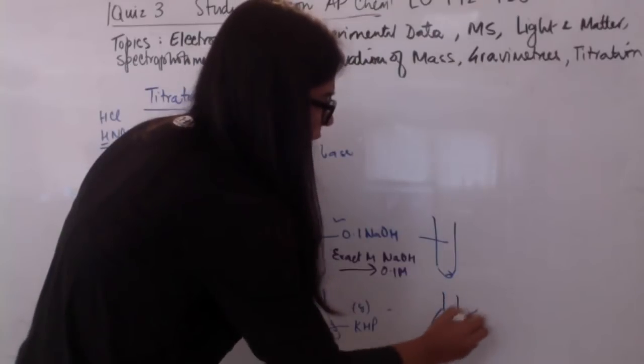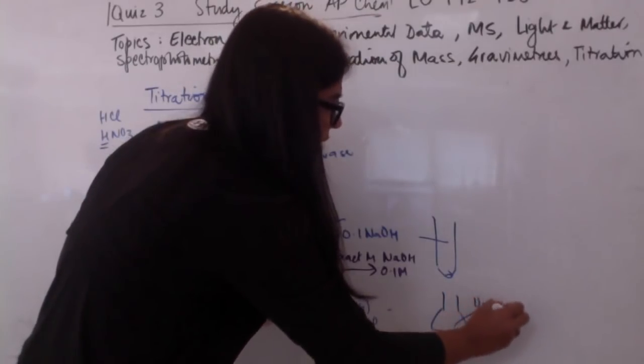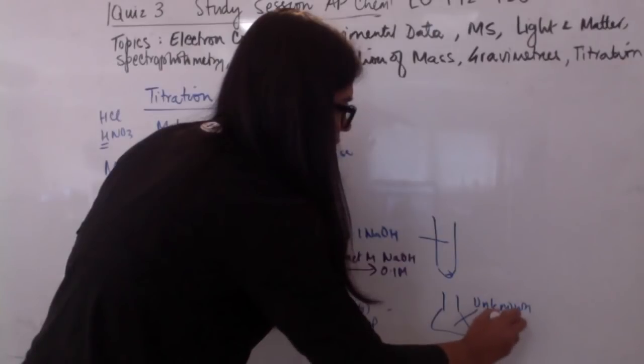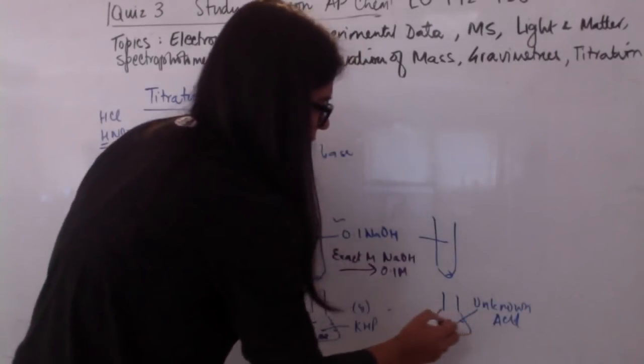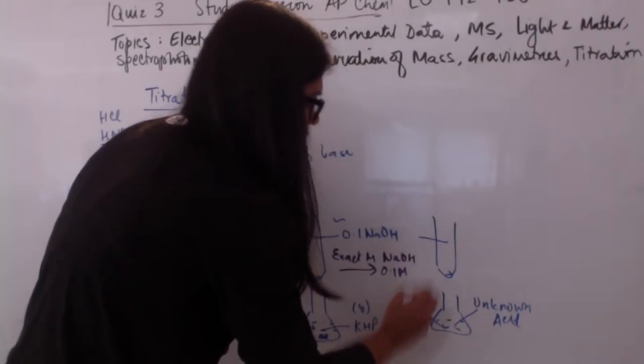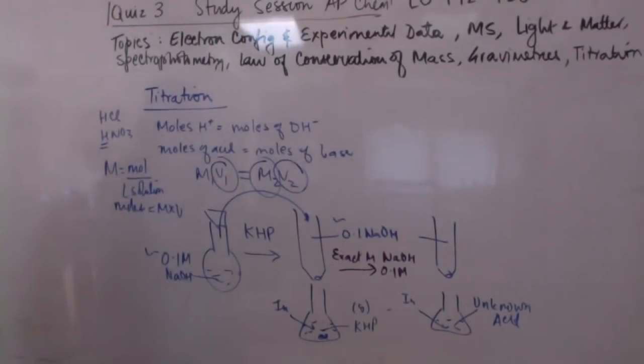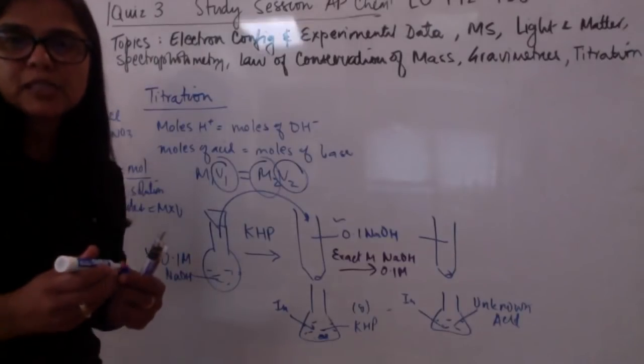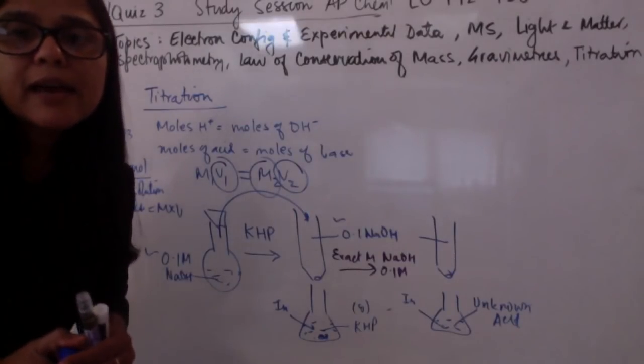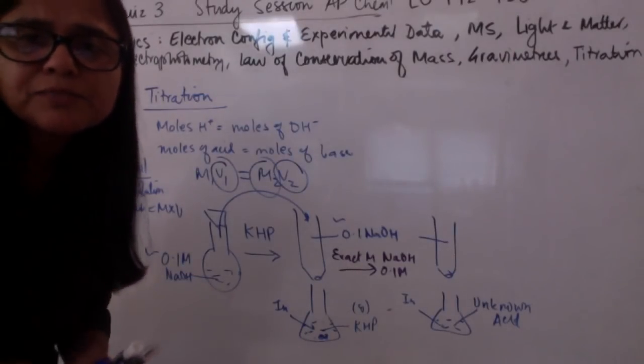In that new flask, we take our unknown acid, which is generally HCl. We took HCl this time. We add indicator to it, and now we titrate it with standardized NaOH. That is the process. So now let me go back and look at Stephen's question.